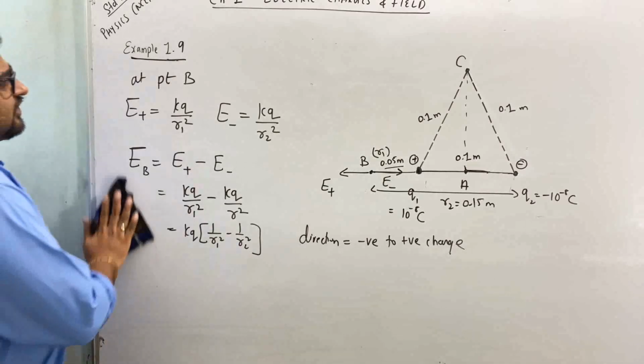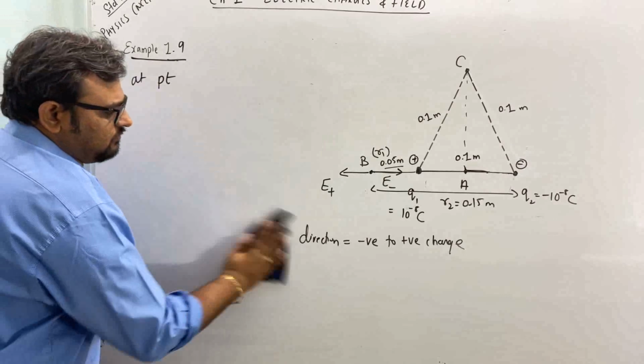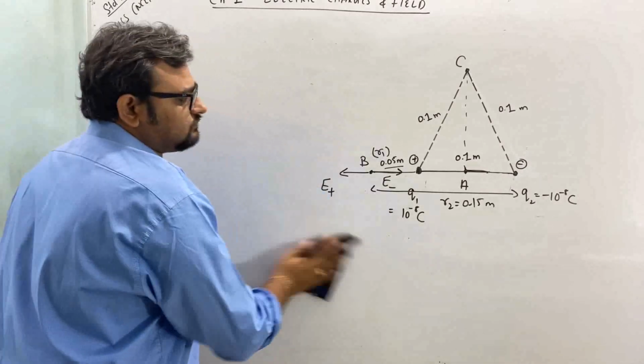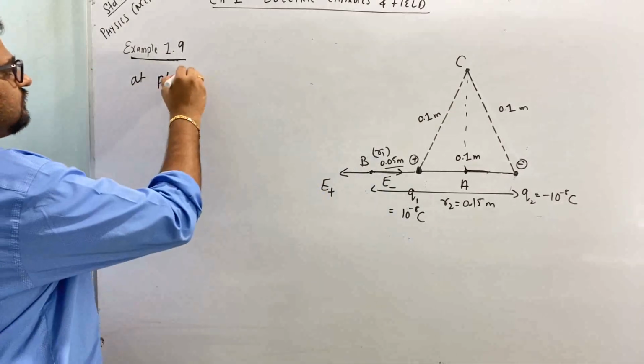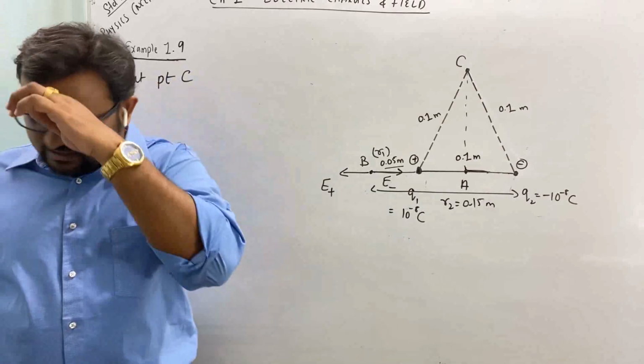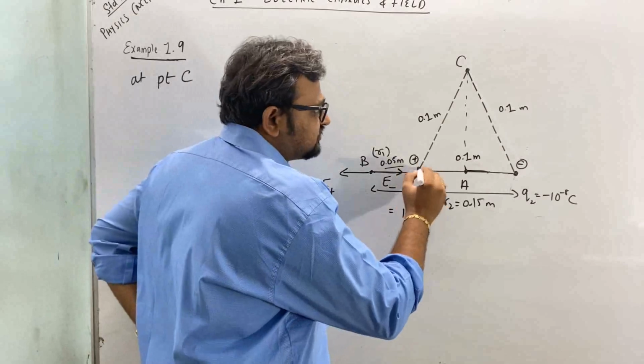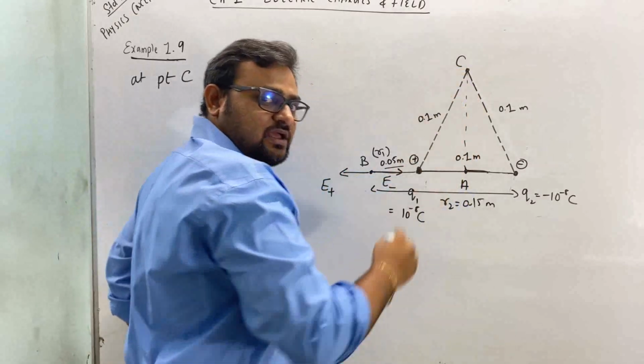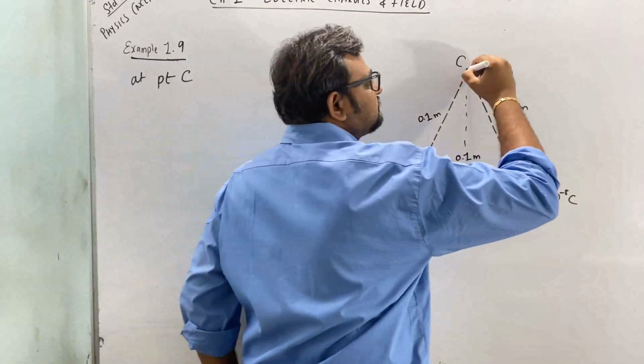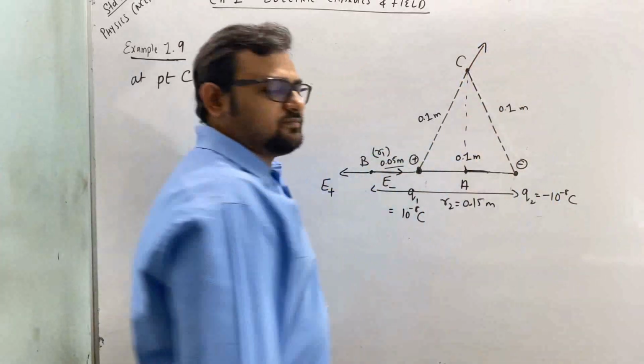Now let's find out at point C. At point C, this is positive charge, so the electric field will be due to positive charge repulsion in this way. Clear?